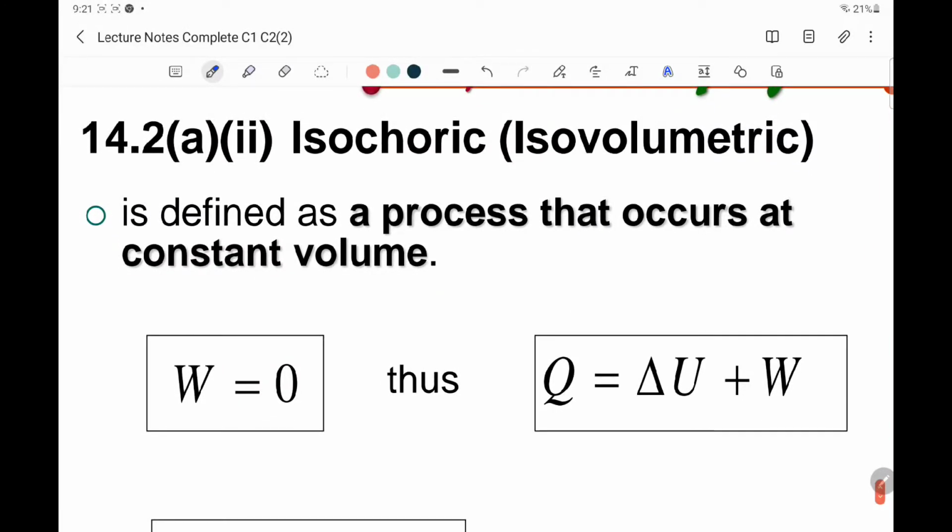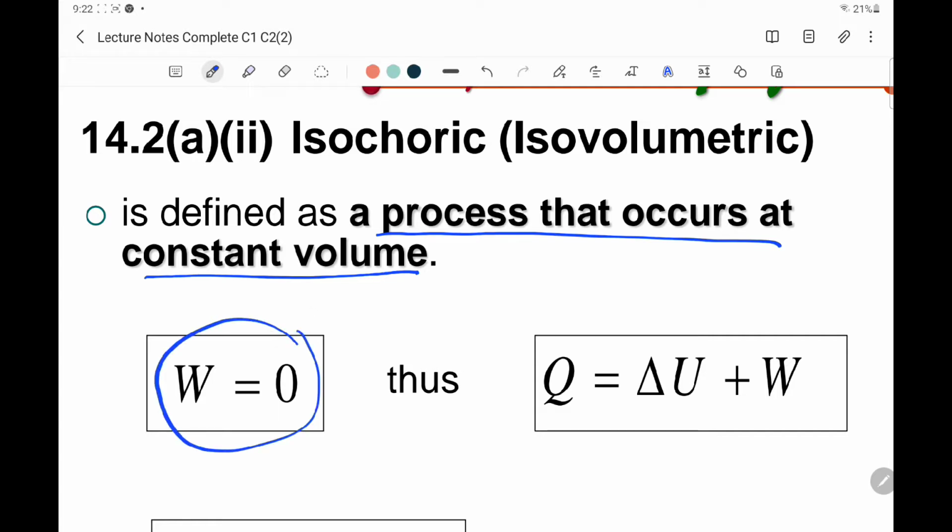(14.2a2) Isovolumetric process. Isovolumetric process is defined as a process that occurs at constant volume. When the volume is constant, there is no area under the PV graph. Work done is equal to the area under the PV graph, so work done is equal to 0 for isovolumetric process.